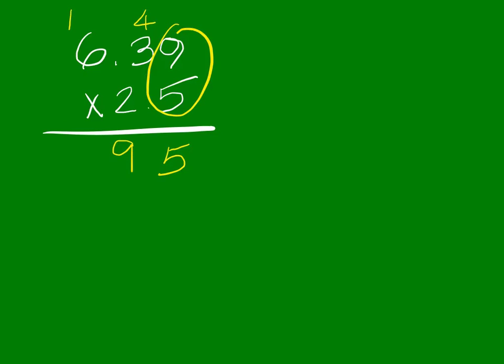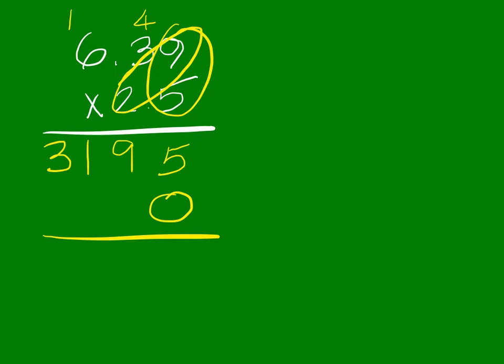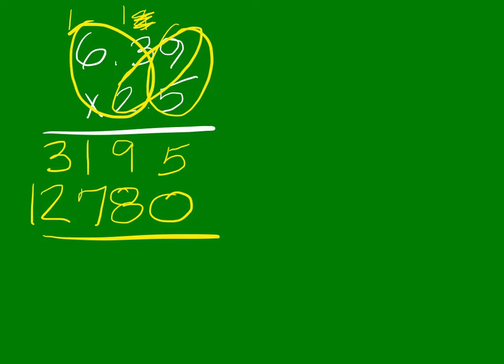Put the 1 here. 6 times 5 is 30, plus 1 is 31. Put a 0 there. And now 2 times 9 is 18. And put a 1 here. 2 times 3 is 6, plus 1 is 7. And then 2 times 6 is 12.